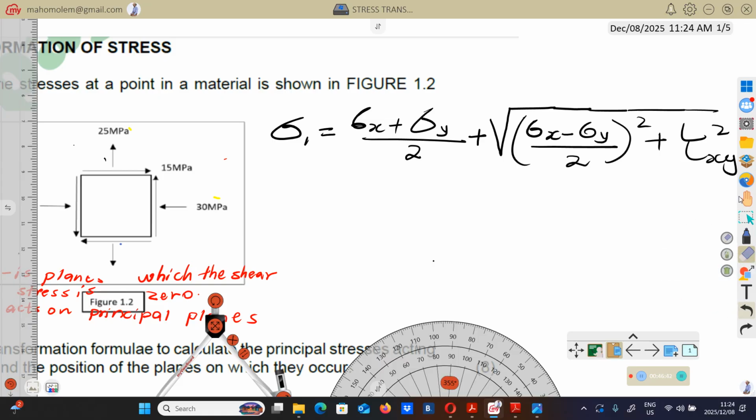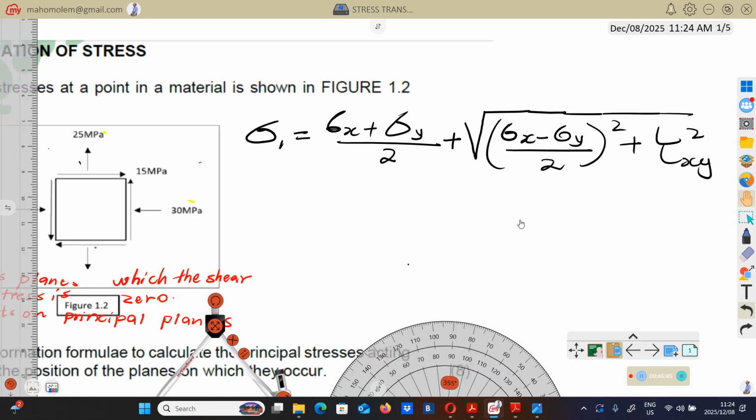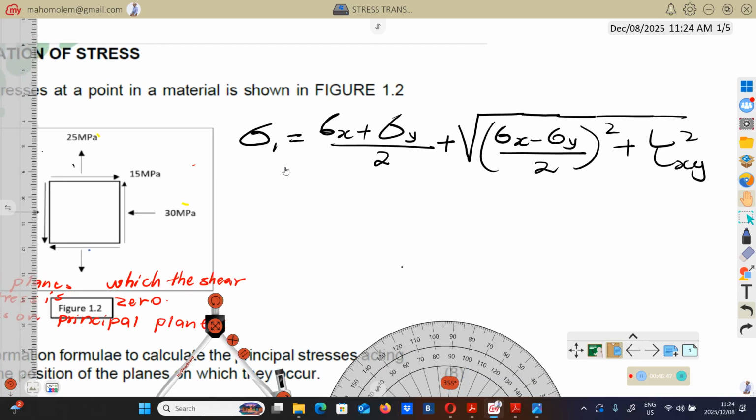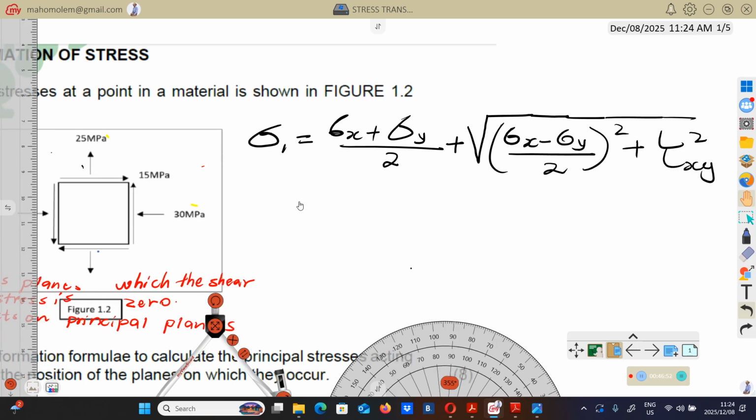So now we're going to substitute here. Equal to stress X. The stress acting on the X phase, this is X phase, is going to be 30. But we have these arrows going in like that. That means we're going to have what? We're going to have compression. So compression will be negative.